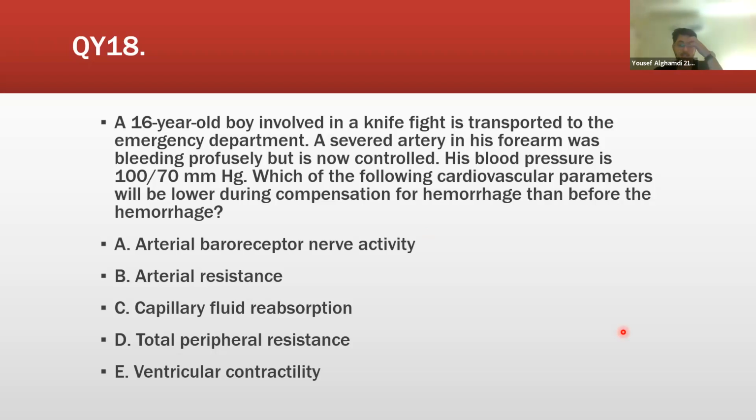During hemorrhage, the hydrostatic pressure would be reduced, right? So then we'd have more fluid reabsorption rather than less. So C is not the answer. But yes, so you're very, very right. It's A. So the blood loss will result in a decrease in the mean arterial pressure, which will reduce the baroreceptor stretch.